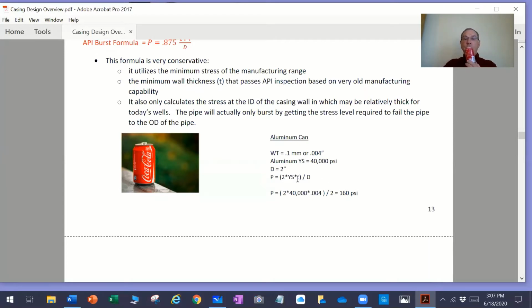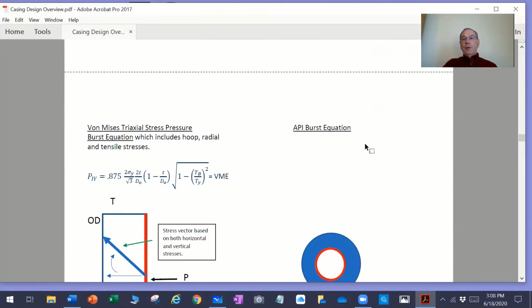And if we use the same formula, pressure is equal to 2 times the yield strength times the wall thickness divided by diameter, this soda can probably has a rating in the order of about 160 psi. You probably didn't even know a soda can was good for about 160 psi, but that's true. Makes you feel comfortable that it's not going to burst on us.